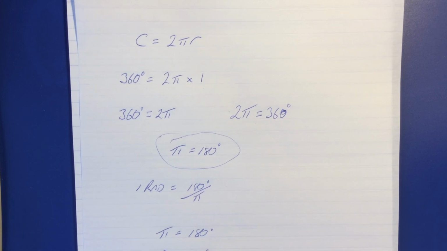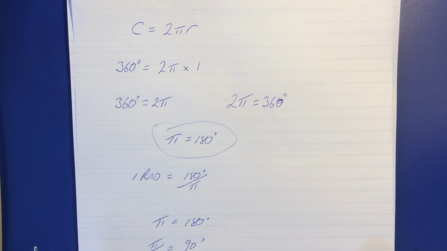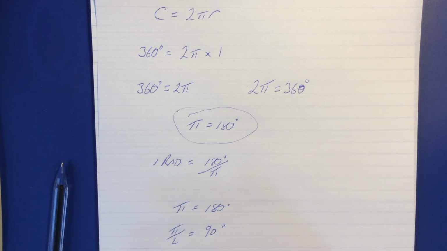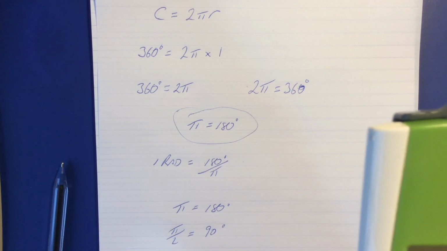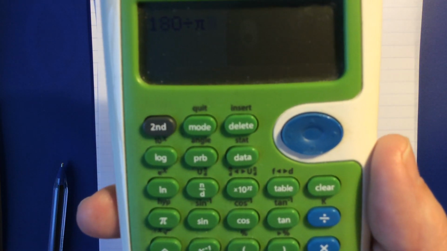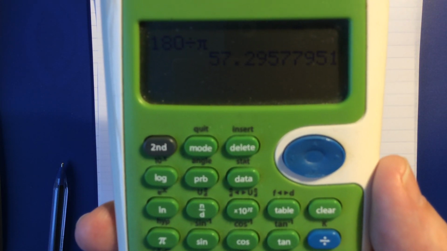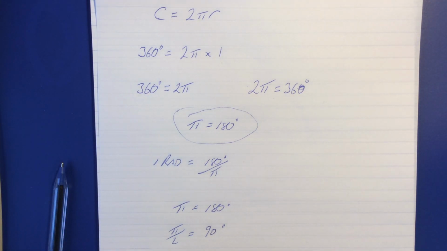Now, it turns out that 1 radian is equal to 180 degrees divided by pi. And I'm going to get out the calculator to try and show you this. So I'm going to divide 180 degrees by pi, and what you're going to see is approximately what a radian is equal to in degrees. There we are. It's equal to 57.29.